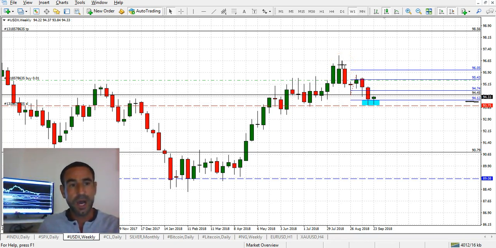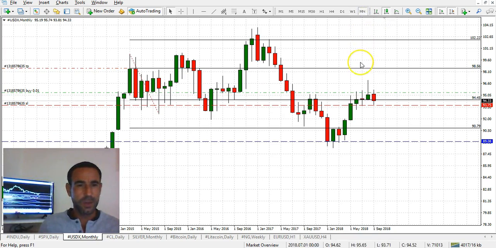Now, I want to take you to the higher time frame, because I want to show you where the 94.45 level is coming from. So here I have this particular setup that represents a trading range. Now, this trading range you can track all the way, believe it or not, back to the beginning of 2015. That is a huge range, very wide, but it is still intact.